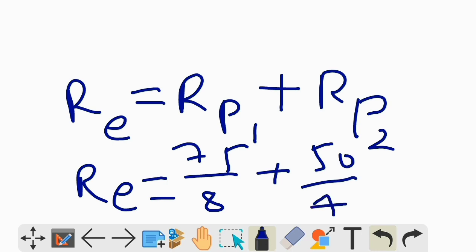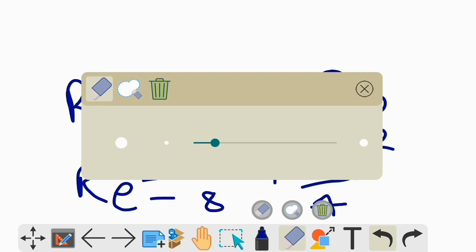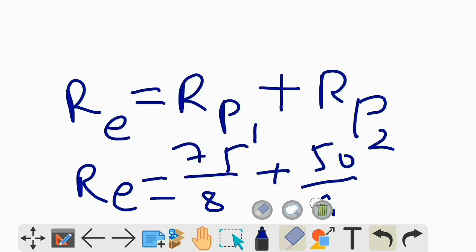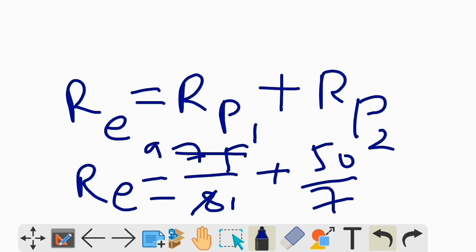For example, if we just take division, how many times will it go? 8 nines are 72.